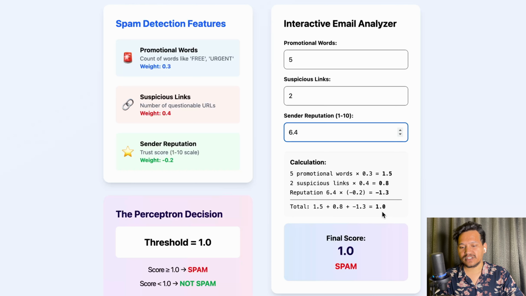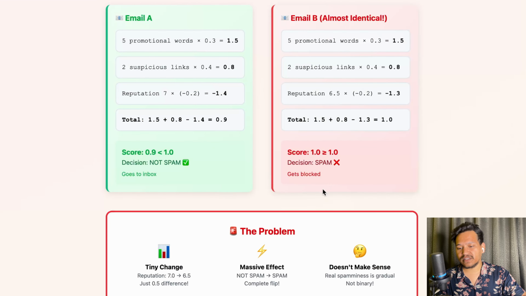Reputation score of 6.5 multiplied by minus 0.2, that will give us minus 1.3. Total will be 1.5 plus 0.8 minus 1.3, that will be 1.0. So here score is 1.0, so our output will be 1, that will be spam. The email gets blocked. A tiny change in reputation from 7 to 6.5 caused a massive change in decision.